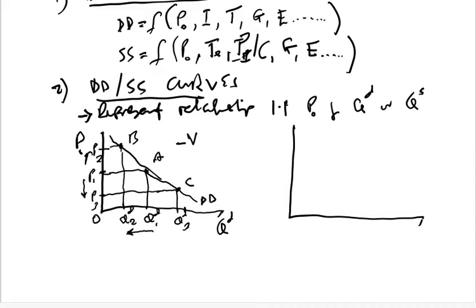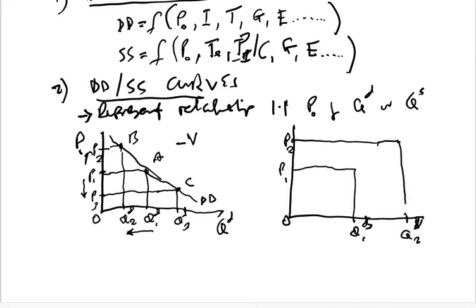While for the supply curve it is the opposite. We said that if price was here and quantity supplied is here, an increase in the price will also increase quantity supplied. If it increases, then we know that quantity supplied will also increase.